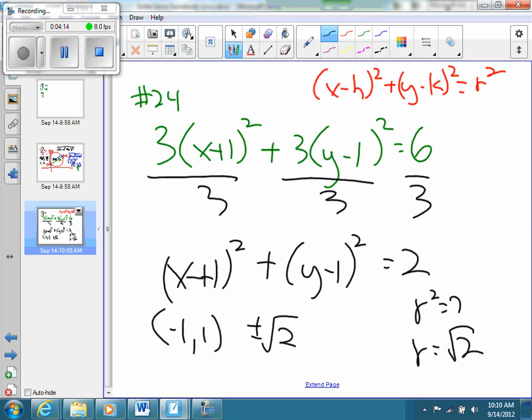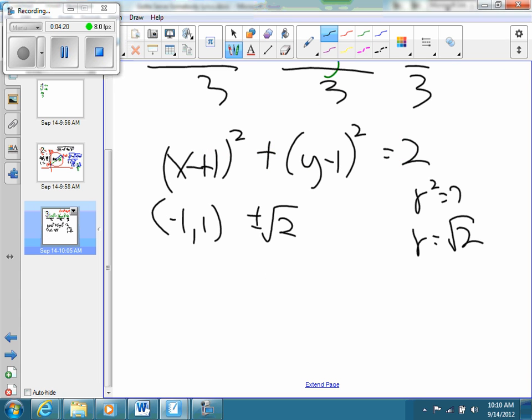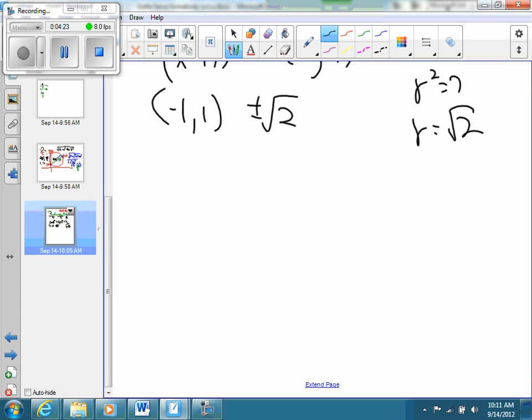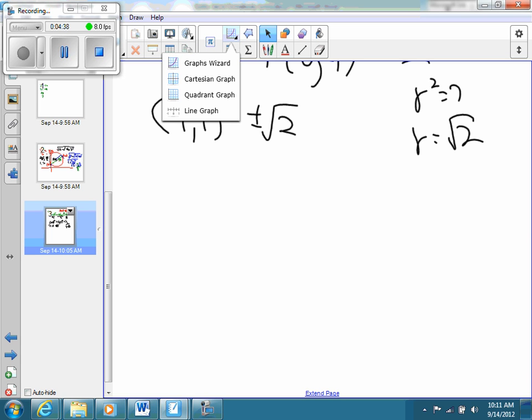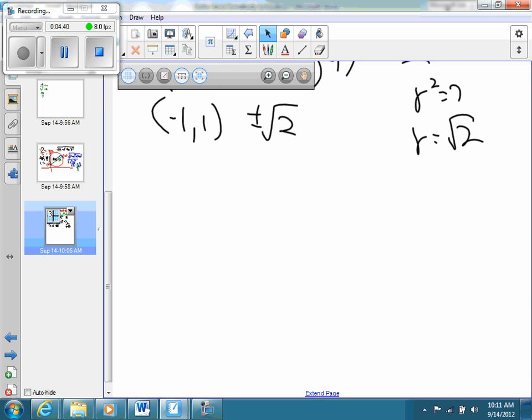Then I have to graph this by hand, and I have to find the intercepts. I know my center and I know my radius, so let's graph it.